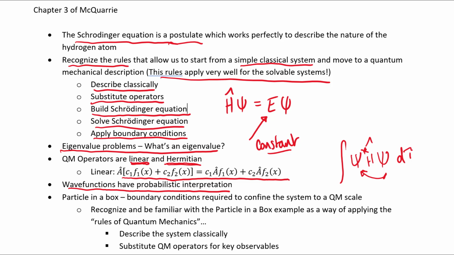We don't talk too much about the time dependence of the Schrödinger equation in this particular course. We tend to focus our efforts on the stationary state, but nevertheless there is a probabilistic interpretation where we can predict based on probability where that particle is at a certain point in time.